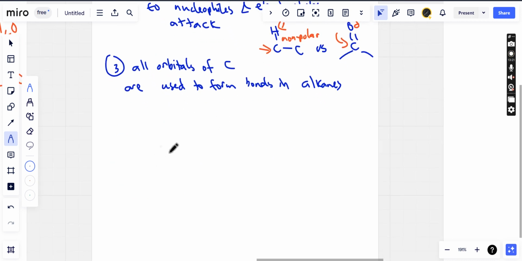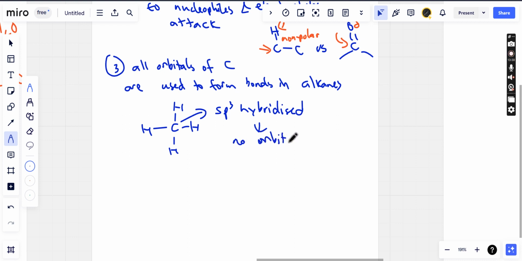So what happens is that because alkane has a tetrahedral structure and this carbon right here is sp3 hybridized, it does not have any empty energetically accessible orbitals to form lone pairs or to accept a lone electron. Hence, it does not form any bonds with other attacking species.